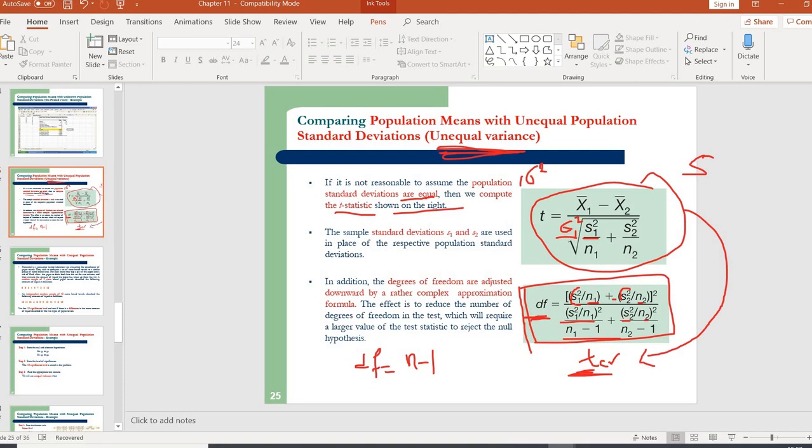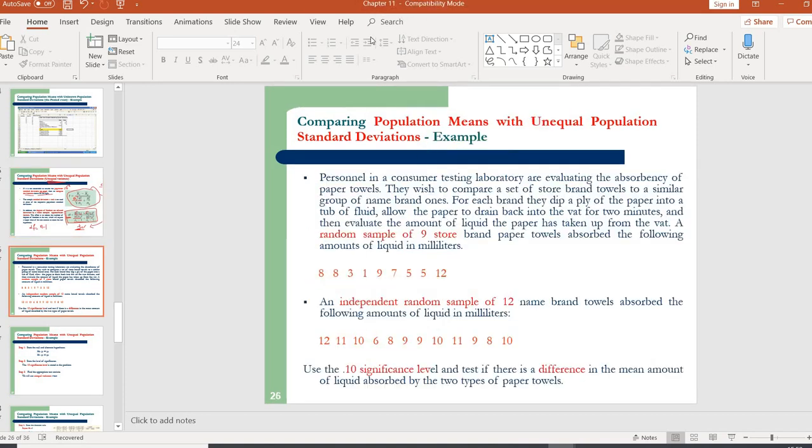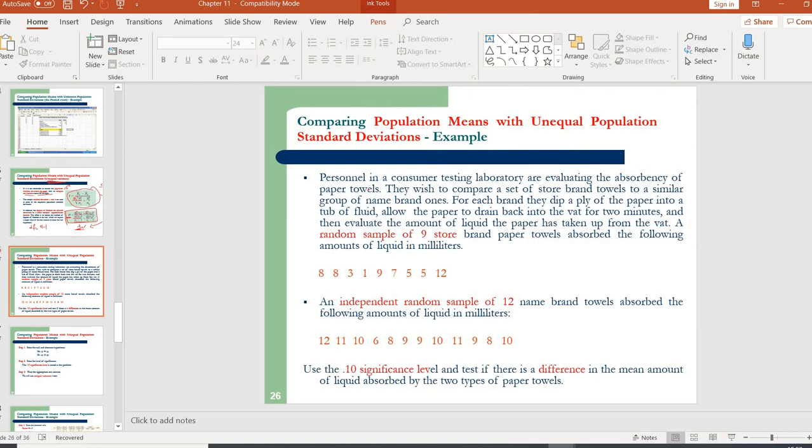Let us take an example so that we can understand it better. Here we are, a very good and understandable example. Personnel in a consumer testing laboratory are evaluating the absorbency of paper towels. They wish to compare a set of store brand towels to a similar group of name brand towels.